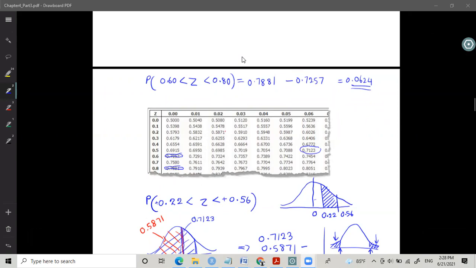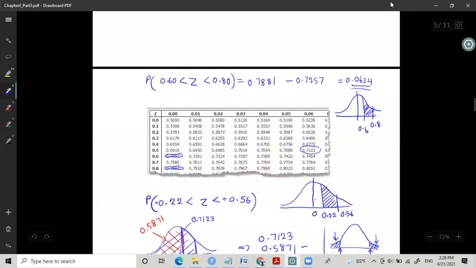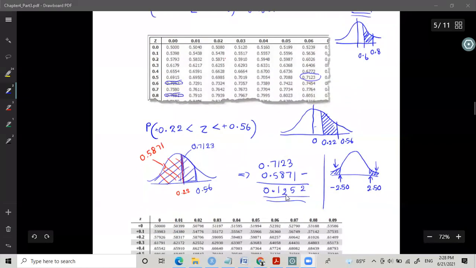The second example is in between 0.6 and 0.8. Okay, so I'll show you. I'll draw it. So here's your 0.8 somewhere here, 0.6 somewhere here. You need in between. So is it 0.1252?